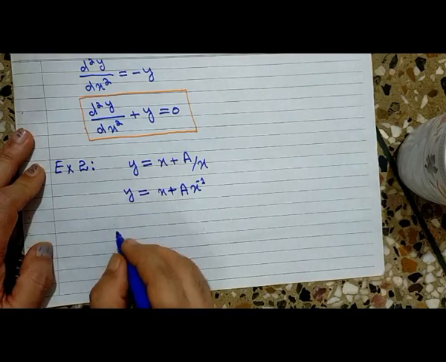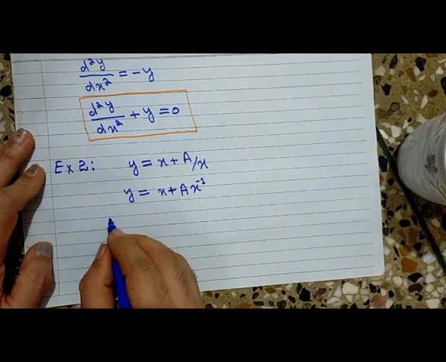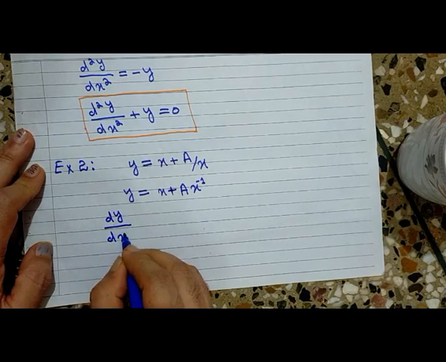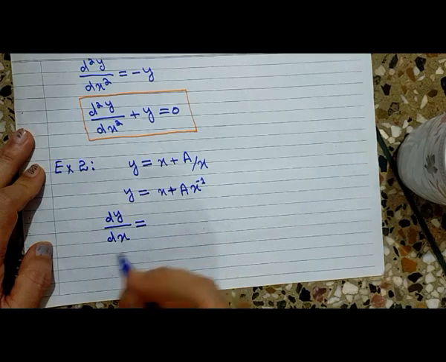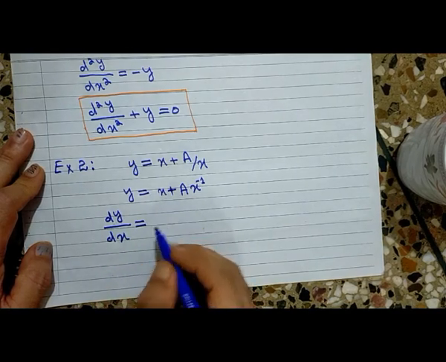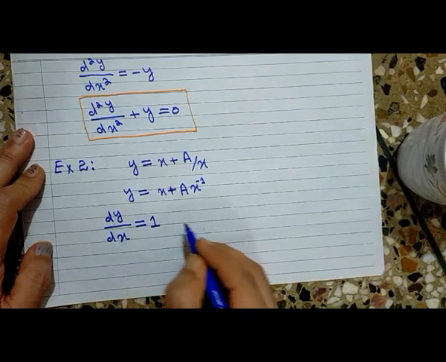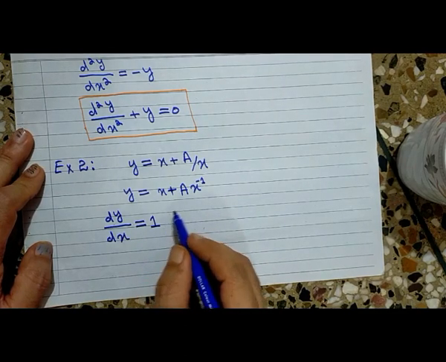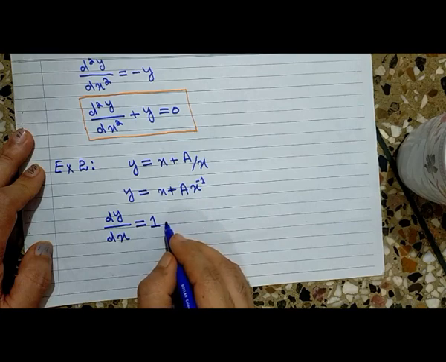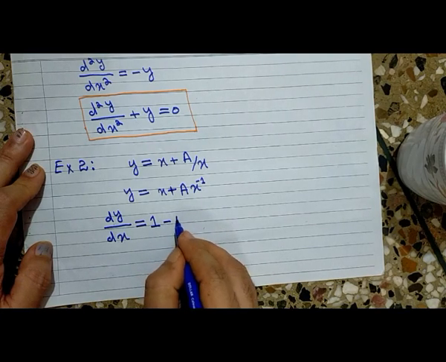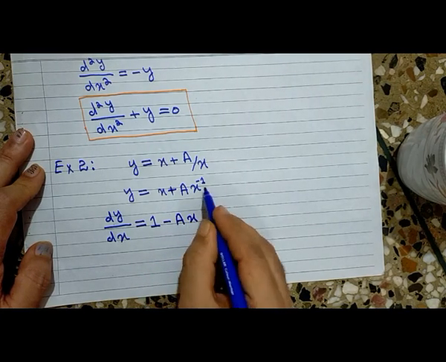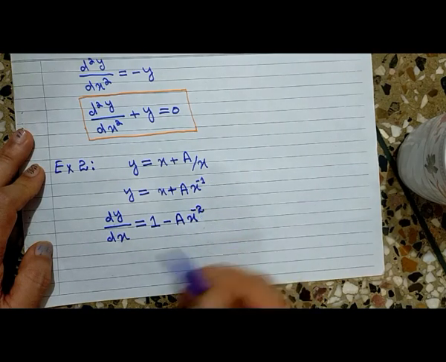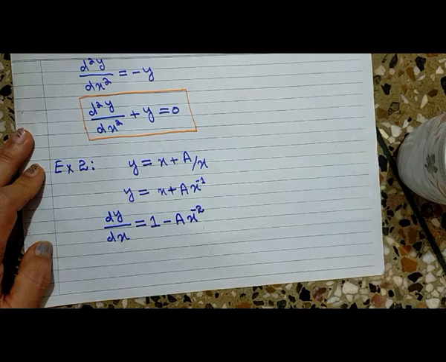Now differentiating it with respect to x, this gives us dy by dx equals what? The derivative of this is simply 1. What next? Here the derivative will be minus a, and x minus 1 will be minus 2, x minus square.